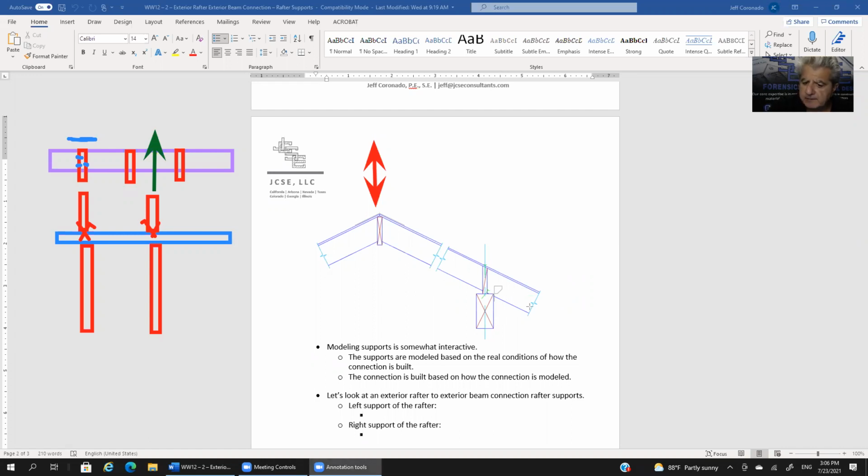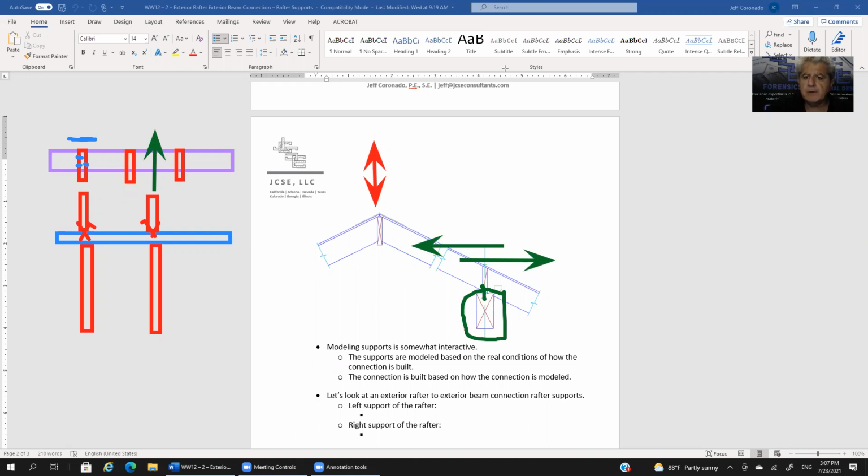Again, we can't really see the connection here, but what would be standard is to provide a couple toenails, driven into the rafter at an angle, and then going sideways into the beam, into this larger beam down here, right? So is this connection providing resistance to a displacement to the right or to the left? And I would say yes, right?